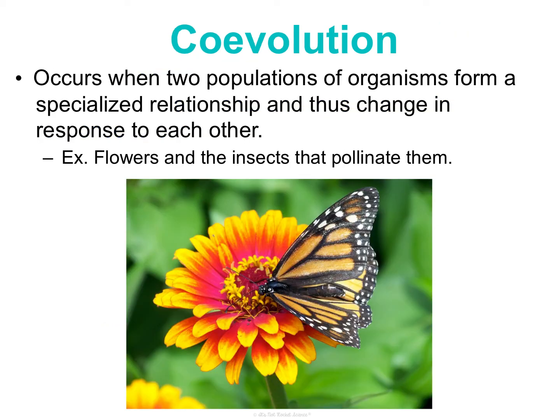And finally, coevolution. This is a really special type of evolution. This occurs when two populations of organisms form a specialized relationship. And so when the population of one changes, the other one tends to change with it. And this is in response to each other. Flowers and insects are a great example of this.